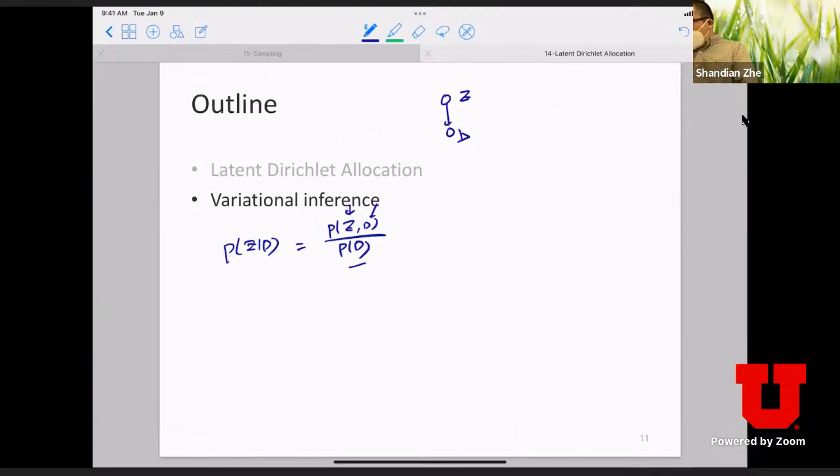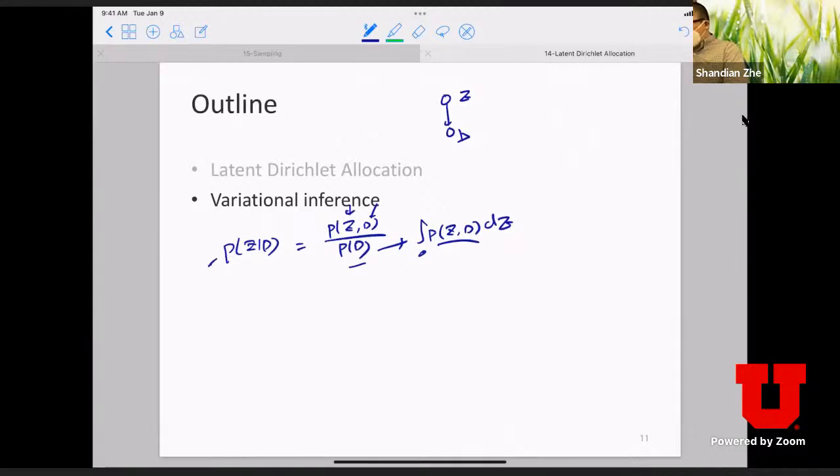The reason is that the denominator, the marginal distribution of data, involves an integral over the joint distribution. Due to the complicated form of the joint distribution, which is common in practice, this integral in most cases is not analytically tractable, meaning I don't have any closed form. So how do we address this problem?